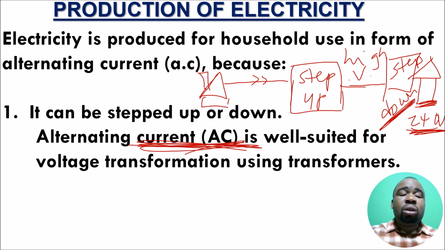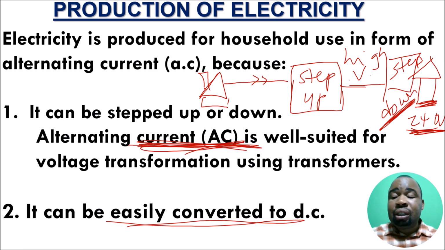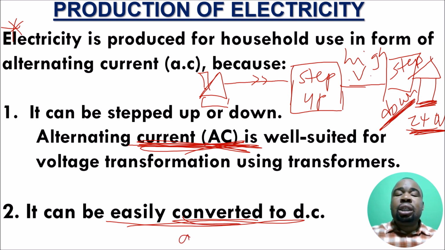The second reason you need to understand is AC can be easily converted to DC. Probably your phone has a battery. All batteries and all cells are DC. But in your home, you have sockets which are being supplied by AC. How are you going to charge your phone? You need an inverter or a converter to convert AC from the port to DC.